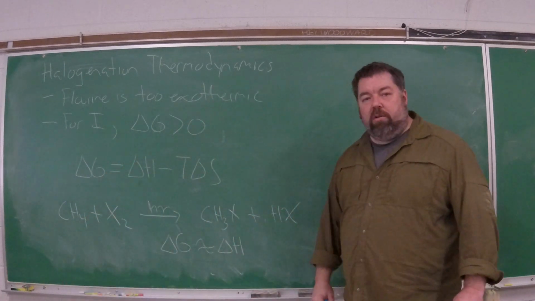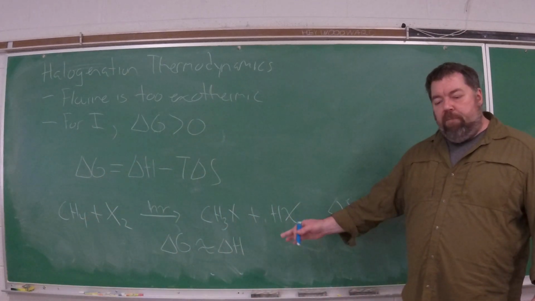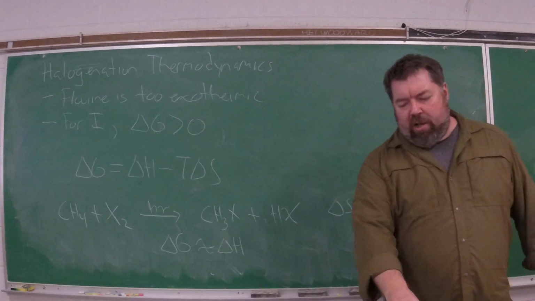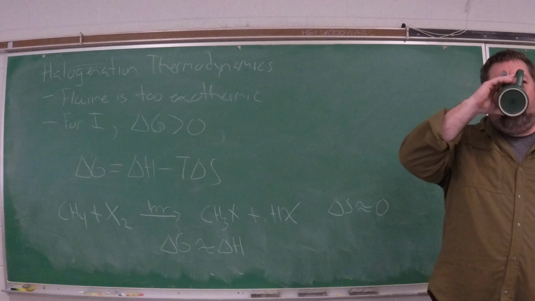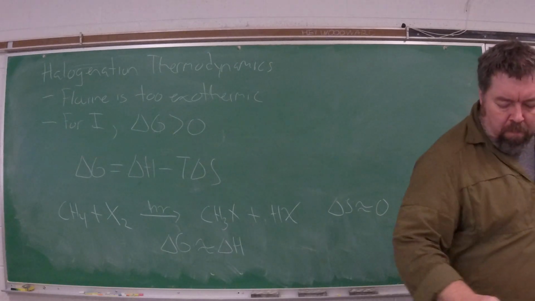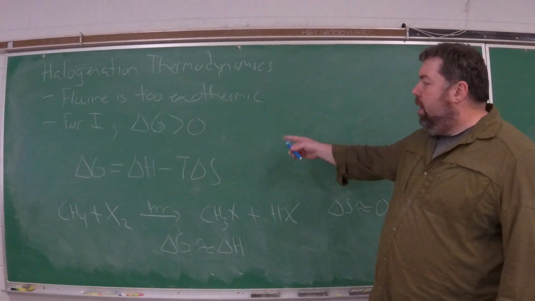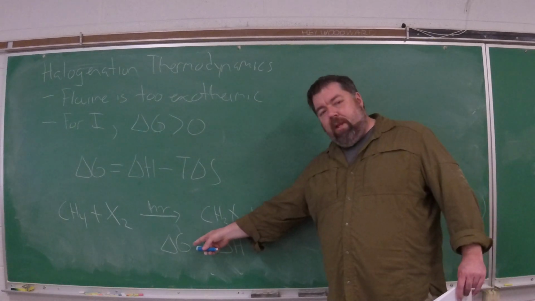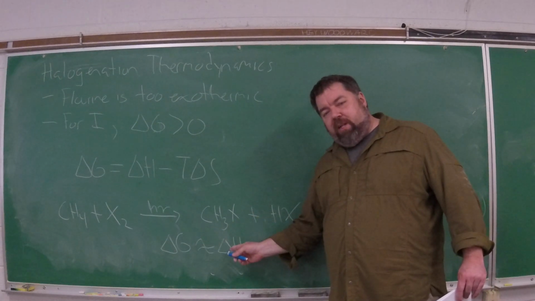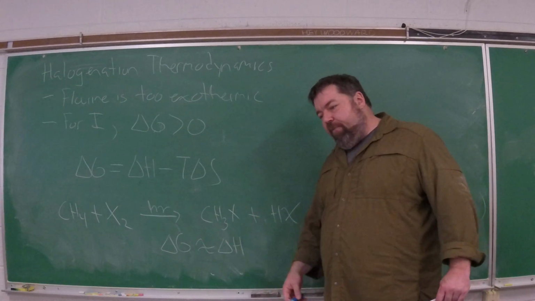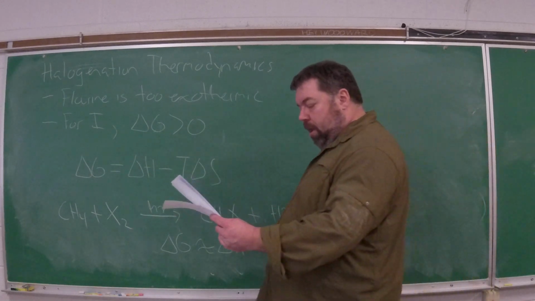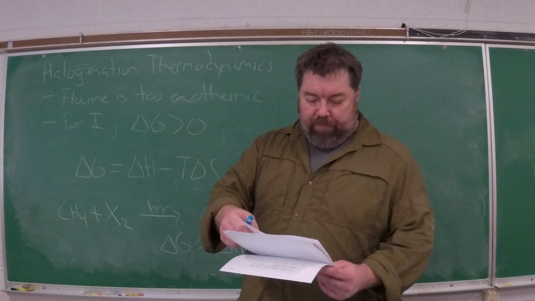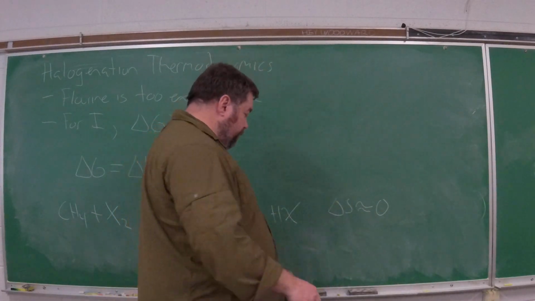So this term drops out, and basically delta G is going to be proportional to delta H, the bond breakage information. So long story short, again, delta G is approximately equal to delta H, which is going to be bond breakage information. So let's take a look at the specific examples of each one and see what this looks like.